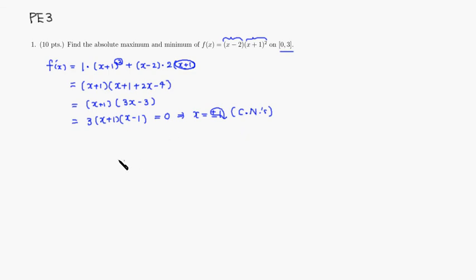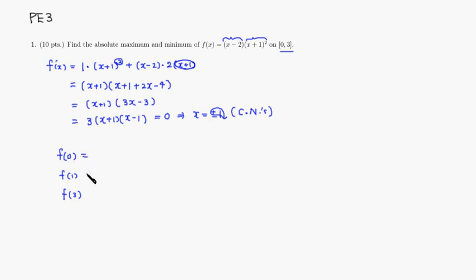All right, so we just have to evaluate the original function at those 3 points. So at 0, and evaluate it at 1, and evaluate it also at 3.